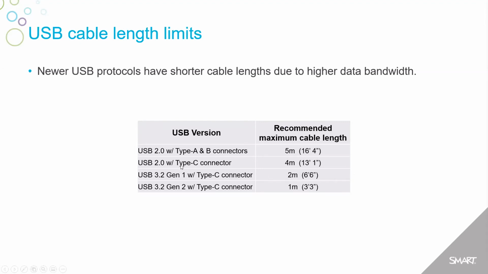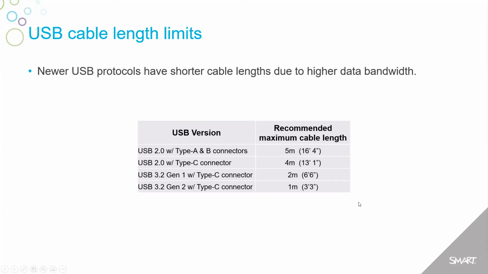Once we get into the newer USB cables with Type C connectors, the maximum cable lengths is reduced further. For USB 2.0 data, 4 meters. For USB 3.2 Gen 1, which used to be called USB 3.0, 2 meters. For USB 3.2 Gen 2, 1 meter. And future USB, like USB 4, is going to be even shorter to handle the higher data bandwidth.